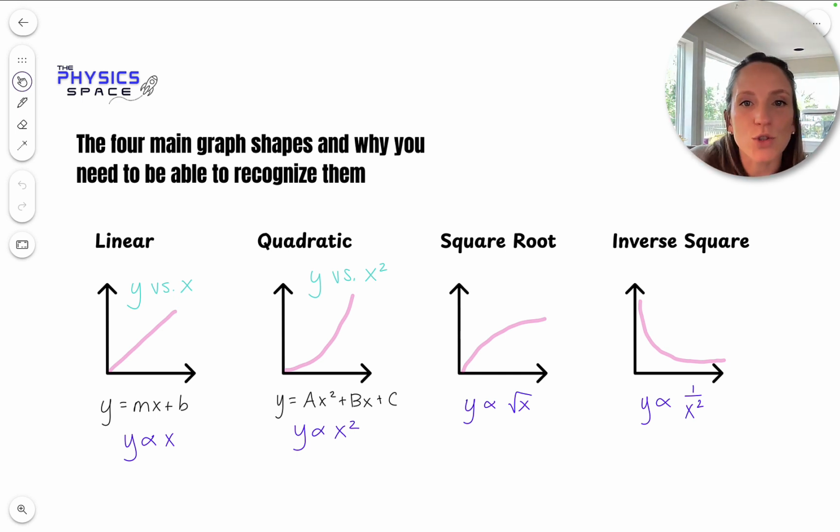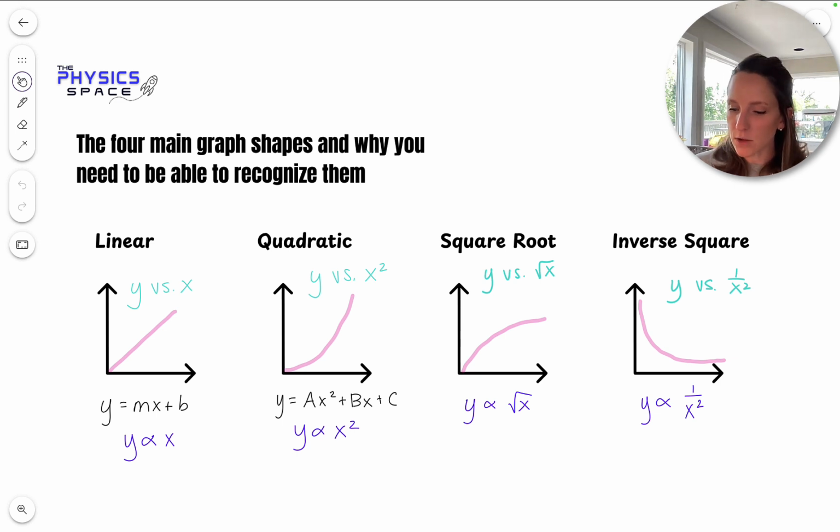And again, let's follow up here with our square root and inverse square. If we graph our y value versus the square root of x, that's going to linearize our graph, or create a graph where we get a straight line. And then y versus 1 over x squared is going to linearize that graph. We're going to end up with a graph that is a straight line, and we have linearized it.